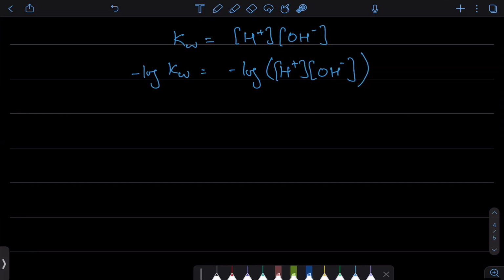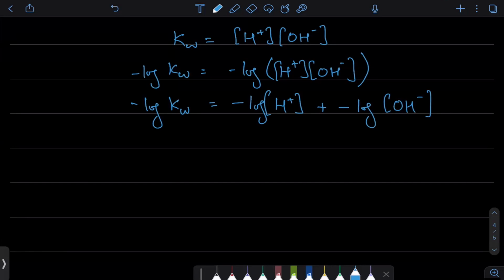So इनके logs add होंगे. So basically this will be written as minus log Kw is equal to minus log H positive concentration plus minus log OH negative. Now, this part is pKw. This part is pH. And this part is pOH.